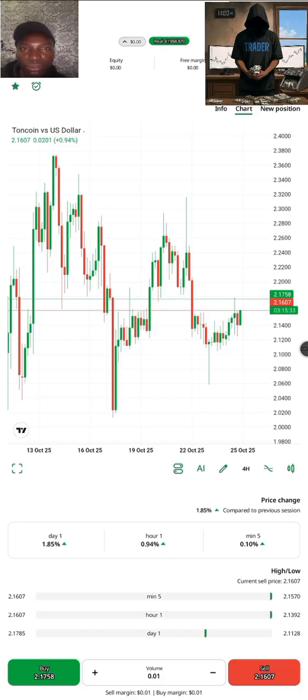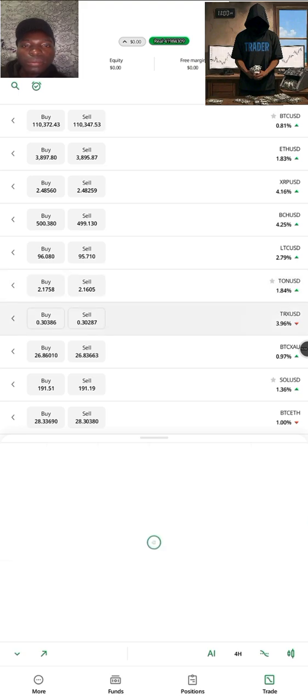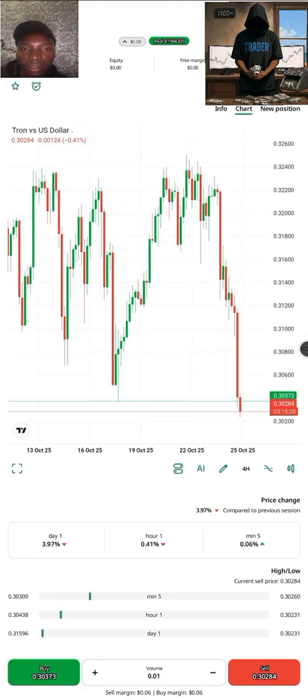So you can just put your money over there, invest, and trade until you have grown your account, so that you can trade bigger trades like Bitcoin, the little Bitcoin.